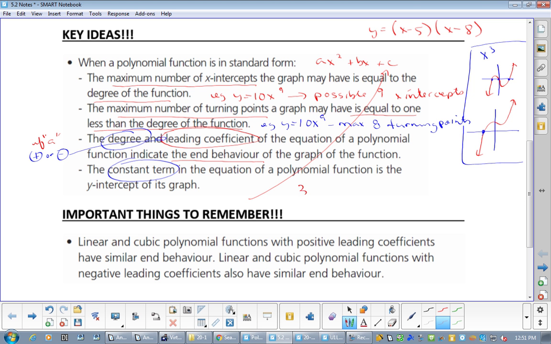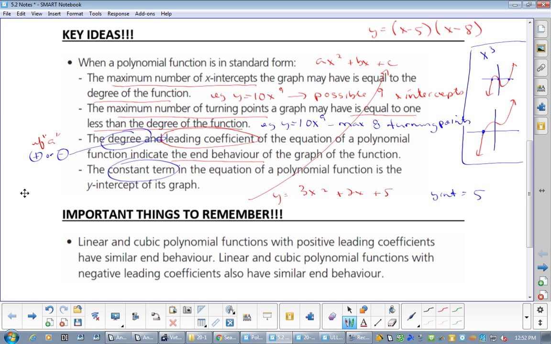So if you had 3x squared plus 2x plus 5, guess what the y-intercept is? Equal 5. And that's because if you ever want to find the y-intercept, make x equal 0. Well, what happens if I put 0 here? This goes away. If I put 0 here, this goes away. So I'm only left with 5.